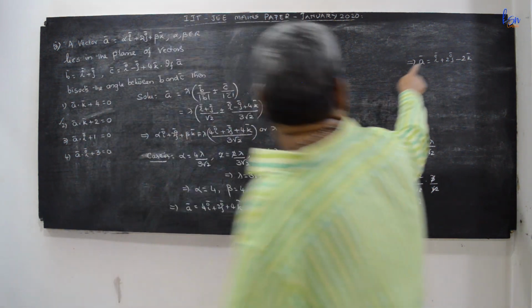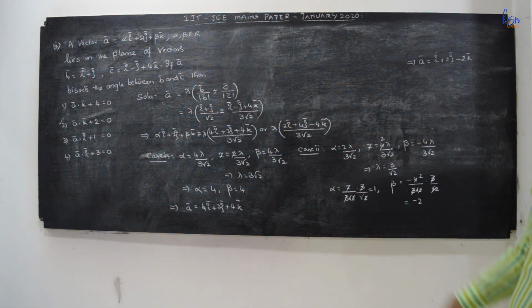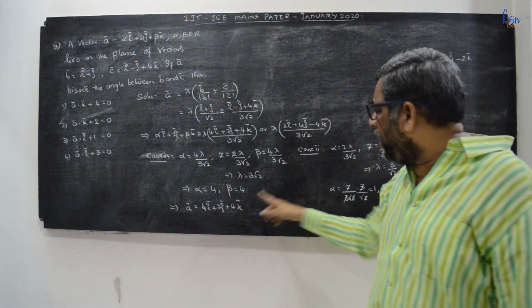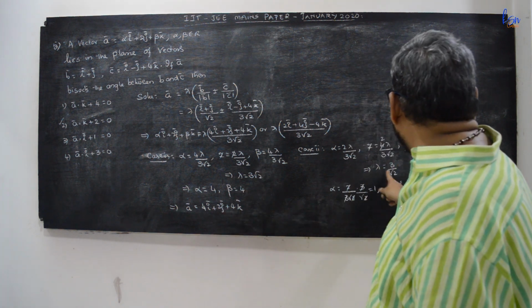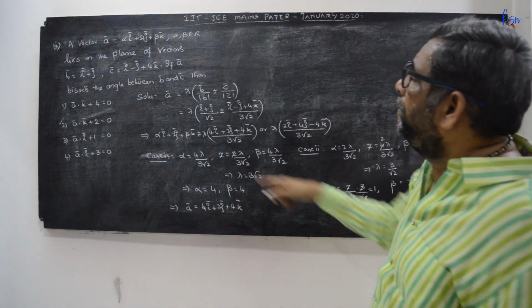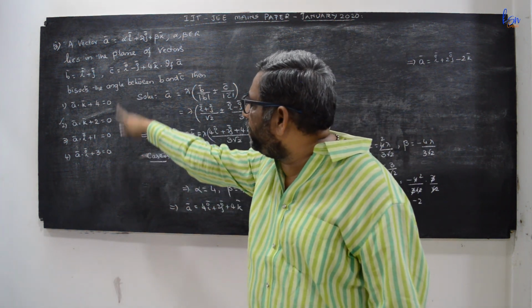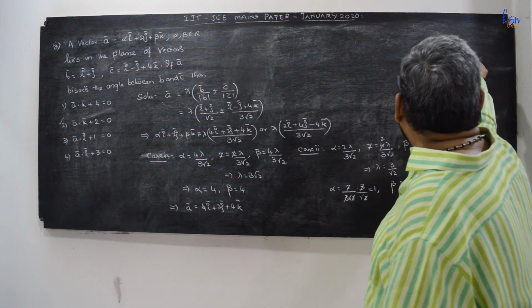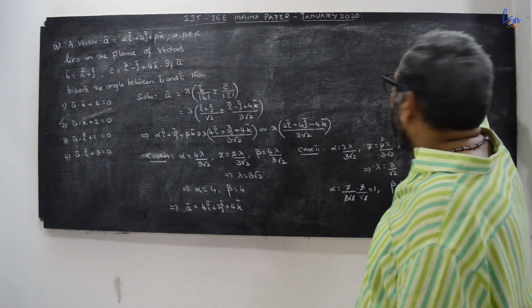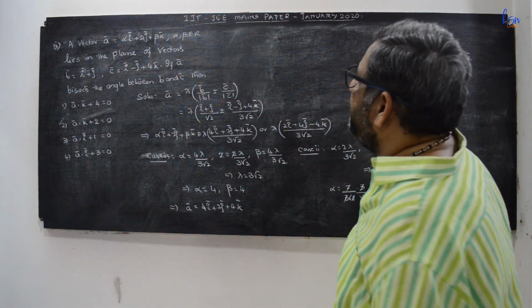You can also see A bar dot i bar is 1, 1 plus 1 is not equal to 0. So the second one is the option. Both are correct according to the formula, but among the options, the first A bar is not satisfying any one of them, and therefore we take the second case, and we got A bar in a different way, and this one is satisfying the second option. Therefore the second option is the answer.